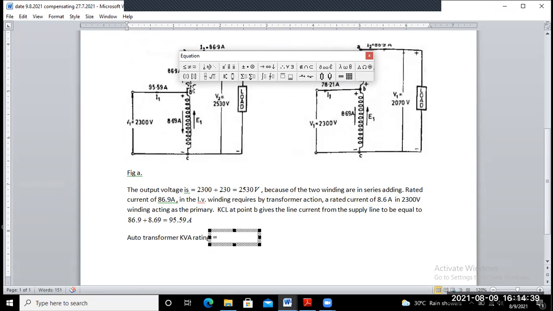Or this voltage 2300 volt into whatever current is flowing through this one.